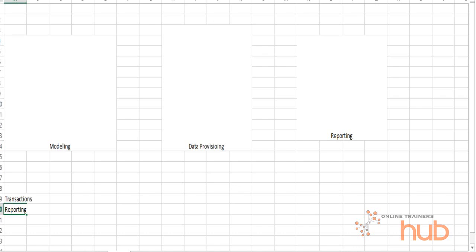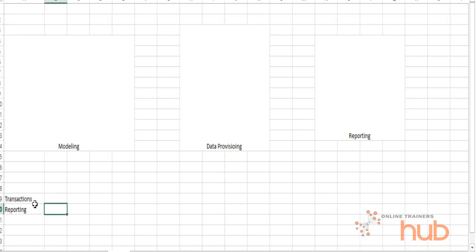Let me tell you a couple of things here. This transaction database is called an OLTP system, and this reporting database we generally call an OLAP, which is your online analytical processing system.